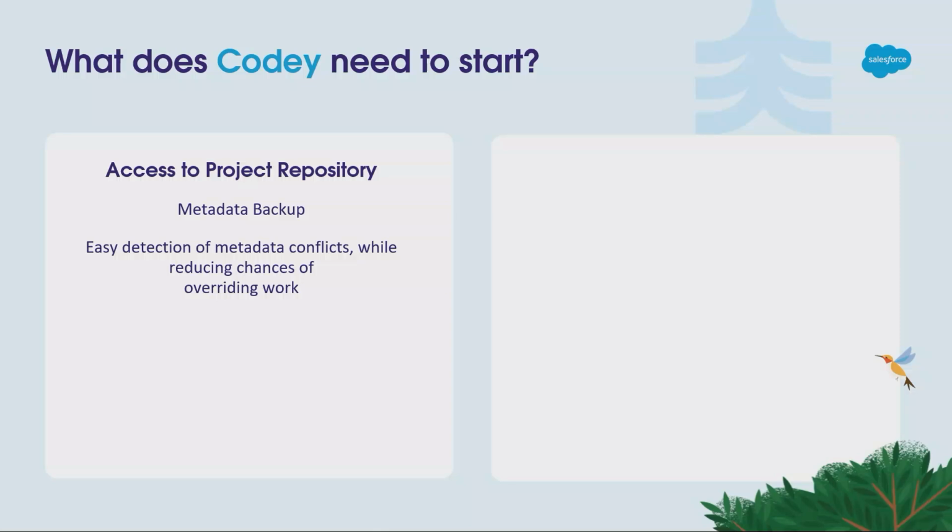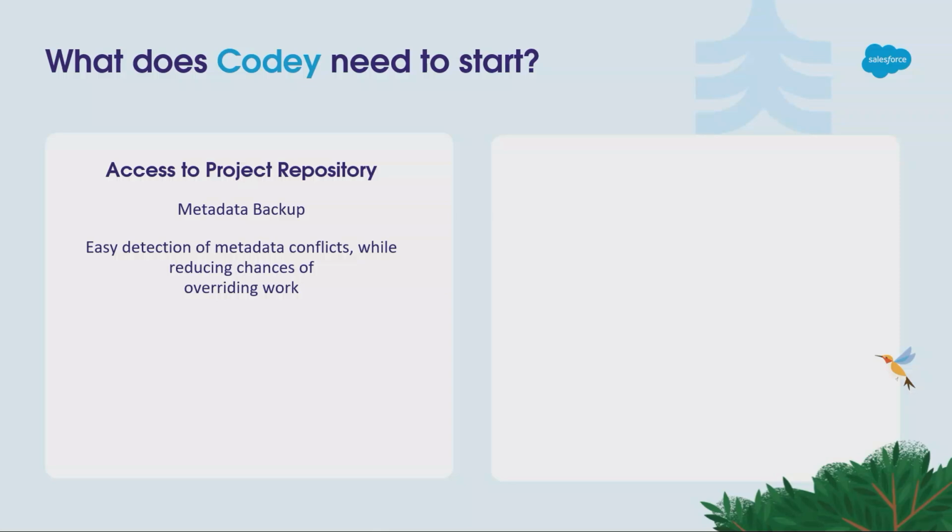For example, because Universal Containers is using Service Cloud, changes to the case object will be very common. Even with source format, which is a way of describing metadata that divides the case object into multiple files, you can still have a situation where 2 or 3 developers are working on the same file.